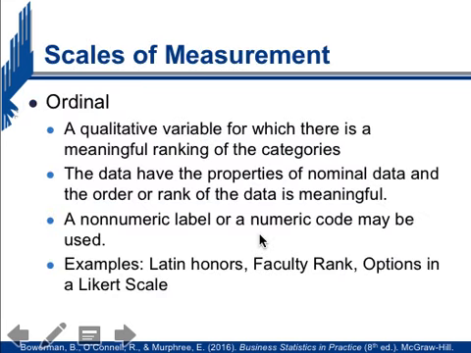Another example are options in a Likert scale. So you might not be familiar with the term Likert scale, but this is something that we normally encounter, especially when we answer questionnaires. So in the course and faculty evaluation for your different courses, normally you are asked to answer those kinds of questionnaires towards the end of the semester.